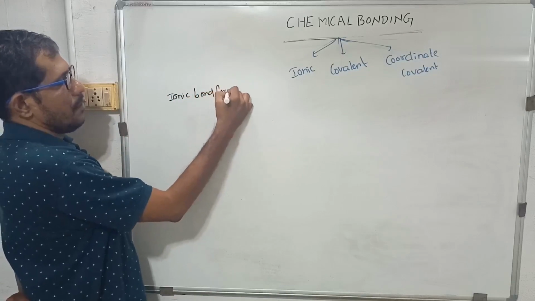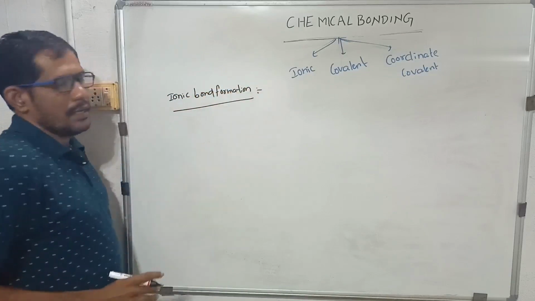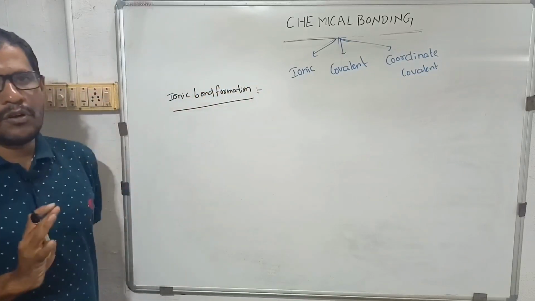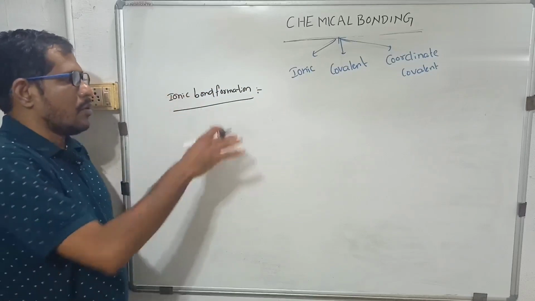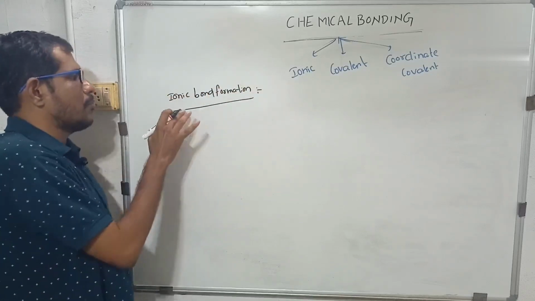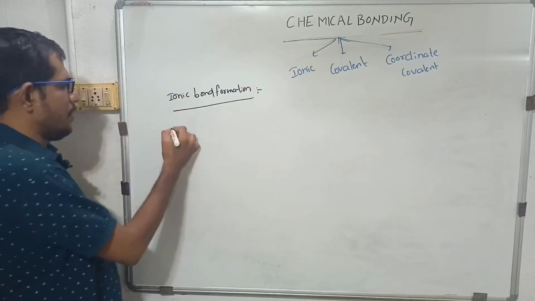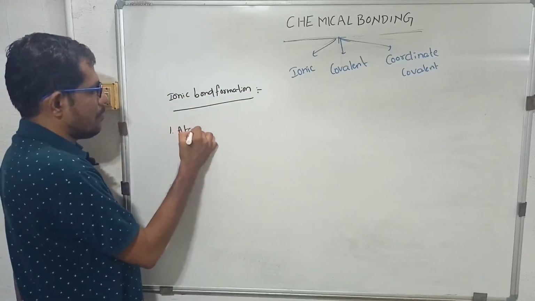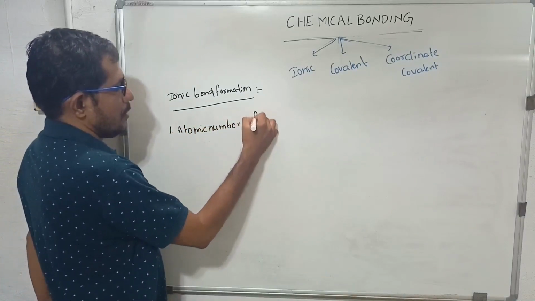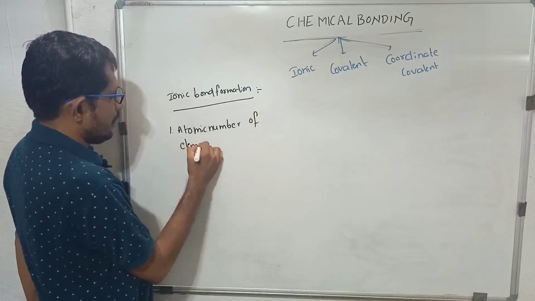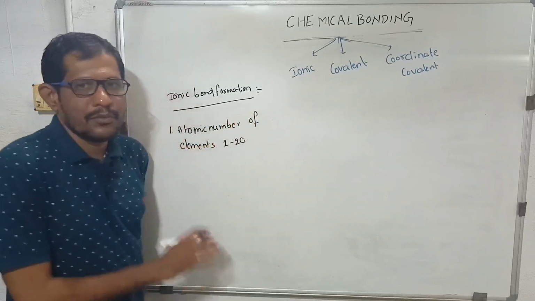For ionic bond formation, you should know three important things. The first thing is the atomic number of the elements 1 to 20.